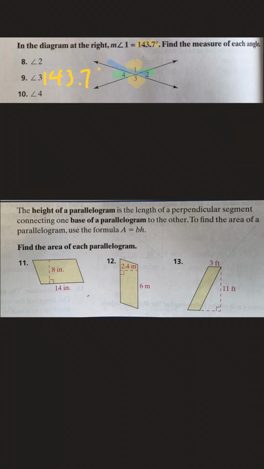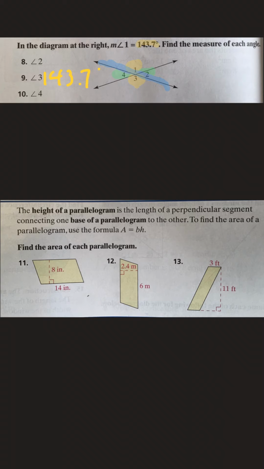Angle 1 and 2 are next to each other. They are considered adjacent angles. They are supplementary. This blue line here is 180 degrees. So we know that these two angles added together equal 180.